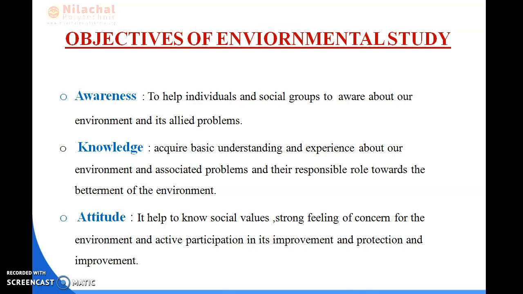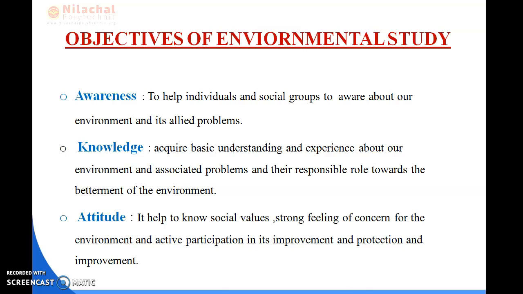And then imparting basic knowledge about the environment and its improvement, which we basically need. Another aim of environmental study is to develop a world population that is aware of and concerned about the environment and its associated problems, and which has the knowledge, skill, attitude, motivation and commitment to work individually and collectively towards the solution.